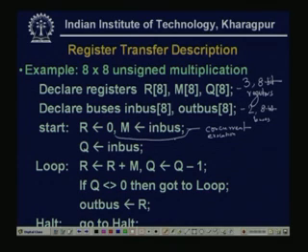And a semicolon between two transfers means they are performed serially. This semicolon means it is a serial execution. After this has been performed, only then will this transfer occur; that is, the data on in bus will be transferred to the register Q. This restriction is primarily due to the data path provided in the hardware.